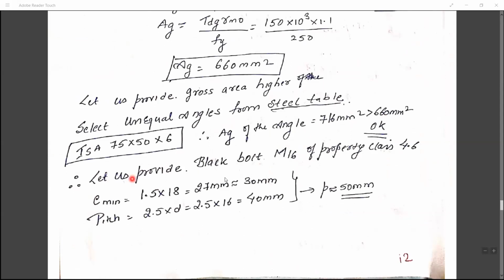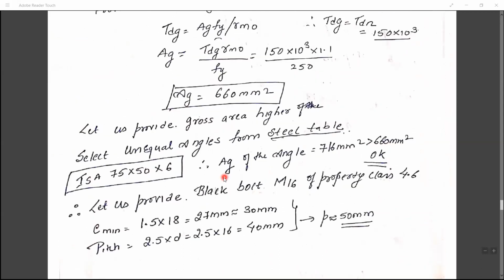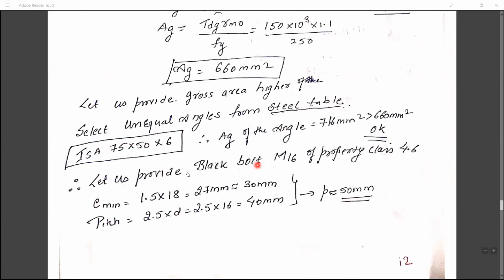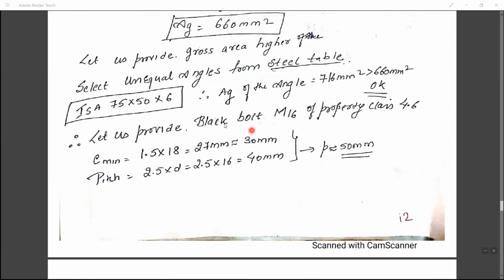Now what is given in our question, if you look once again, is an M16 bolt of class 4.6. As you already know, you need edge distance 1.5 into 18.